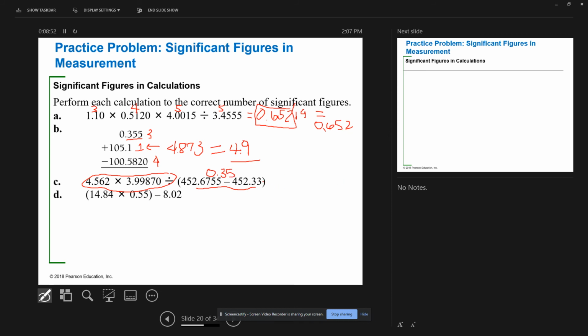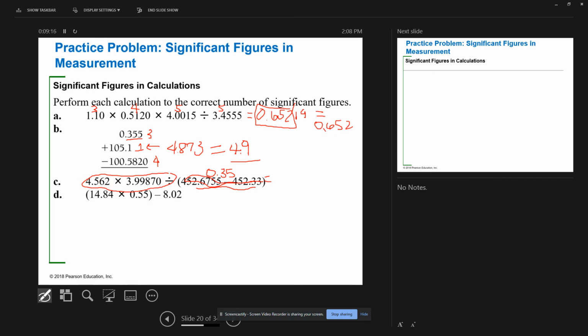Okay, so now we've taken care of that. Now it's all one thing. It's multiplication and division. So we have 4.562 times 3.99870 divided by 0.35. Now the rule here is the least amount of significant figures.